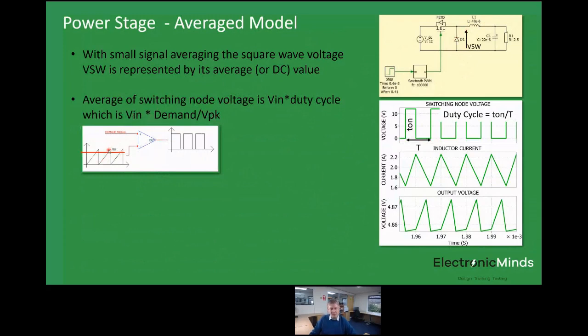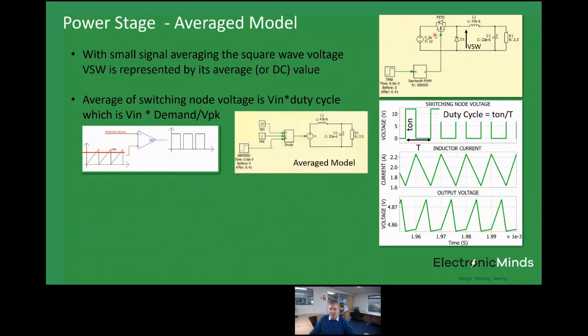So that means we can actually redraw our switching circuit that I've shown here with an averaged model. And this is what the averaged model looks like for that same circuit. So you can see that the output side of this is the same. The L1, the C1, and the R1, they're exactly the same. But we've created a DC source, which is just a mathematical representation now of what the demand signal is, and this is just how it's modeled in Plex.